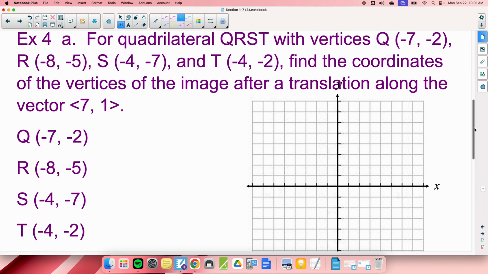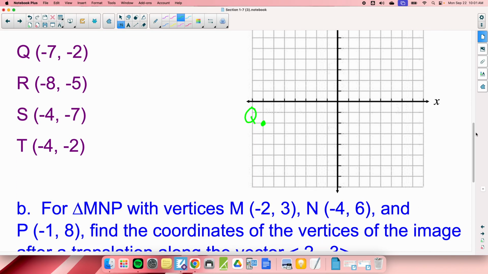So let's go to example 4, and it says, for quadrilateral QRST with these vertices. So Q is -7, -2. 1, 2, 3, 4, 5, 6, 7, -2. We put a Q. R is -8, -5. -8 is all the way out, so down 5 from that.